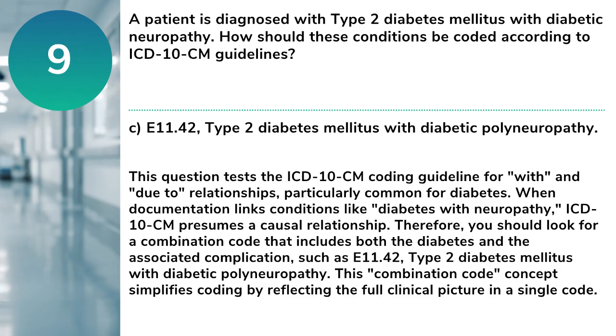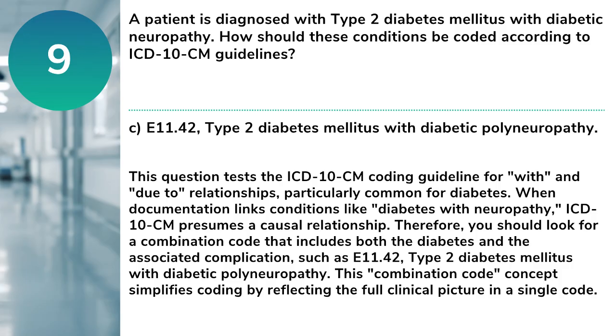Answer: C. E11.42, type 2 diabetes mellitus with diabetic polyneuropathy. This question tests the ICD-10-CM coding guideline for with and due to relationships, particularly common for diabetes. When documentation links conditions like diabetes with neuropathy, ICD-10-CM presumes a causal relationship.